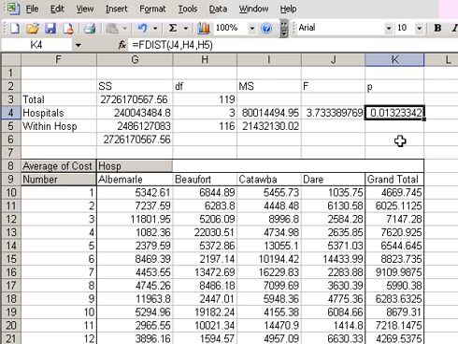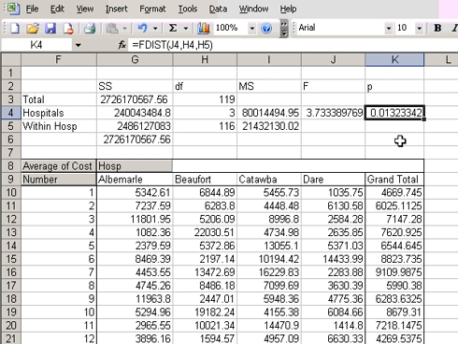So the probability of getting an F value as large as 3.73 under the null hypothesis that cost is independent of hospitals is very small, almost 1 in 100. With a probability that small, we would conclude that we must reject the null hypothesis, and having rejected the null hypothesis of independence, we will accept the alternative, which says that hospital cost is not independent of hospitals.